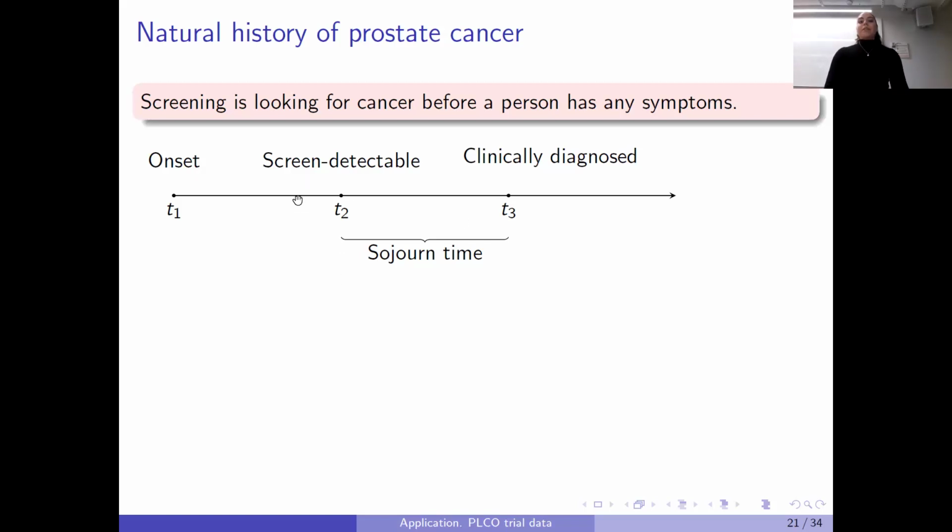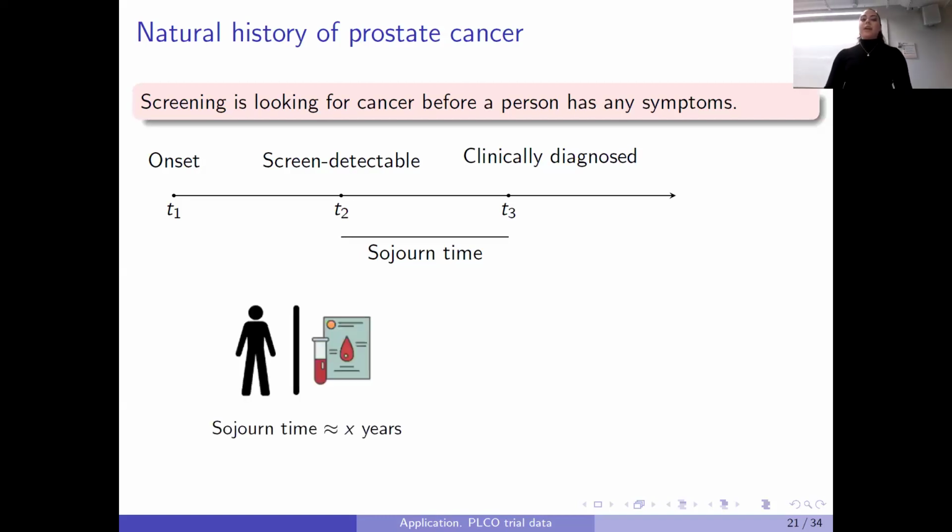This window is very important: how long do patients spend in the screen detectable phase before they move into a clinical diagnosis? Because that's when you can actually make an intervention, if that's the case. And this might vary depending on the PSA profile of the patient.